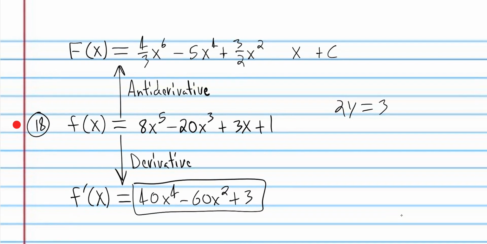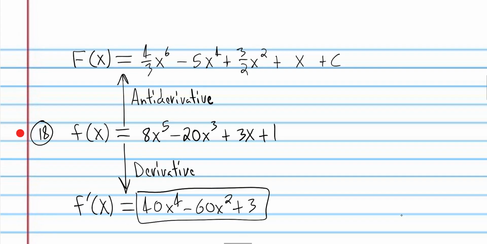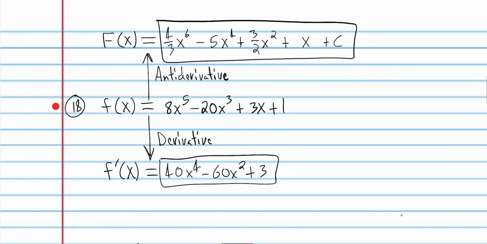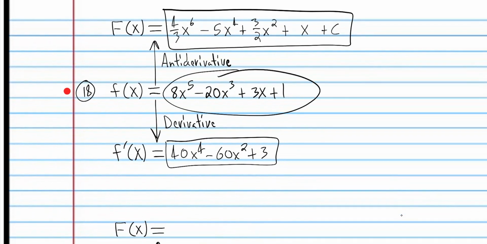And then here, that is just going to be x. And then the derivative of c is 0. So let's double check, make sure we got everything right. Everything looks good. So this is a family of functions that represent the antiderivatives of this function here.